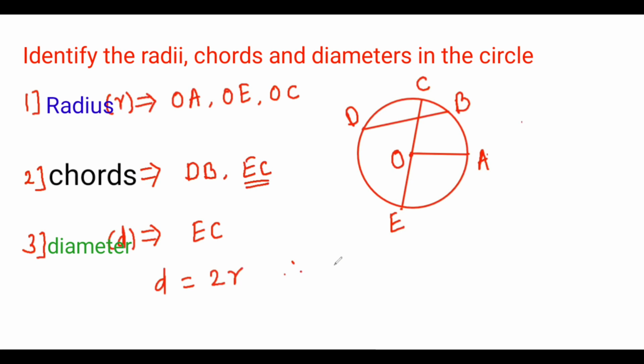One radius is equal to half of diameter, D upon 2. I think you will get my point. This is the basics of circle, radii, chord and diameter.